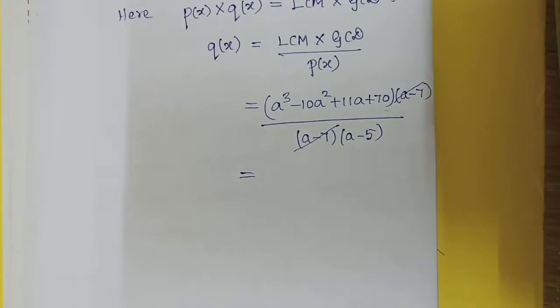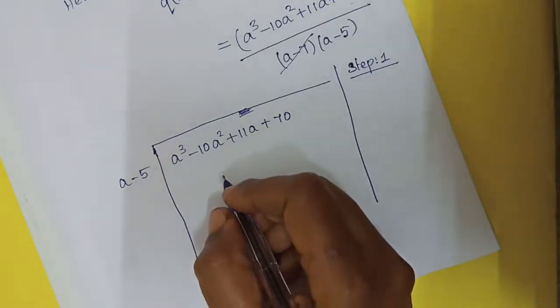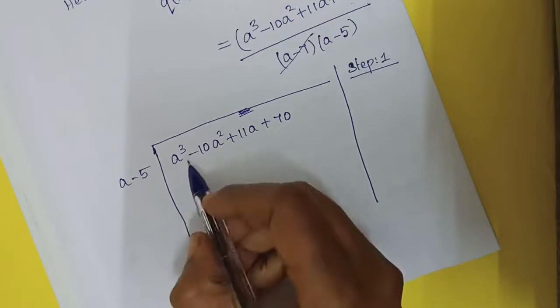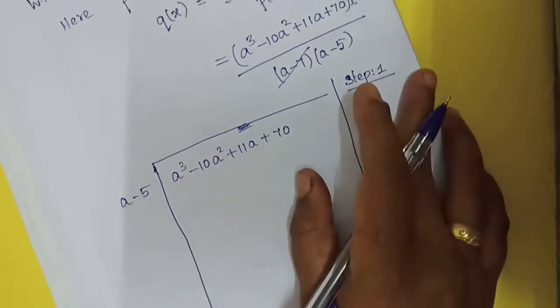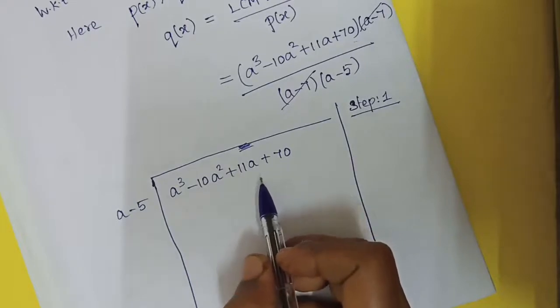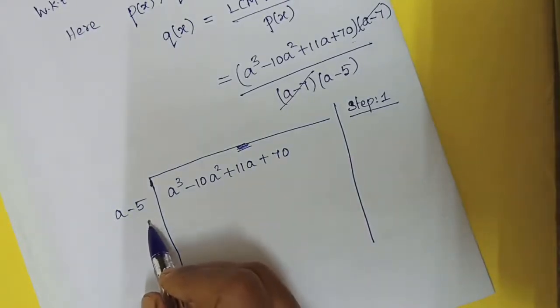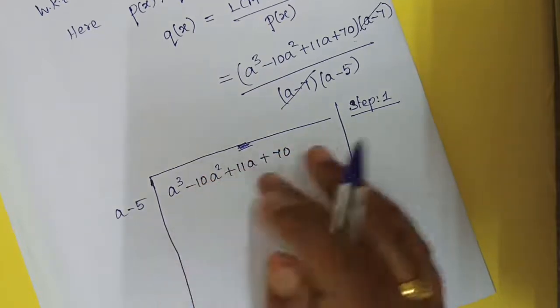Long division method. That method only we are going to use. That is the bigger polynomial, that means the numerator I wrote inside is the dividend, and here a minus 5 is the divisor. We are going to find the quotient.